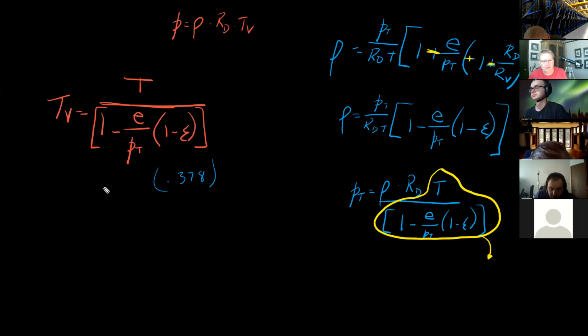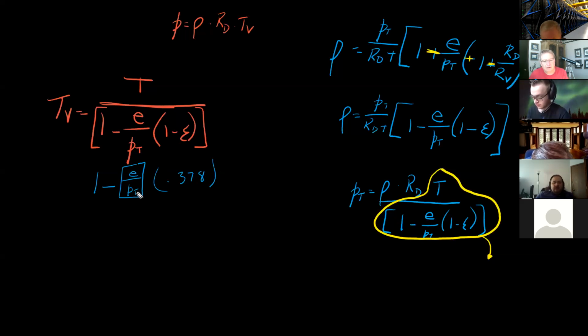Inside there, it's 1 minus, and then what is the value of e over the total pressure? This is always going to be a fraction, and it's going to be relatively small in the atmosphere. Isn't this going to be relatively small? Right. So this is going to be almost parts per 1,000, right? 3 millibars over 1,000 millibars.